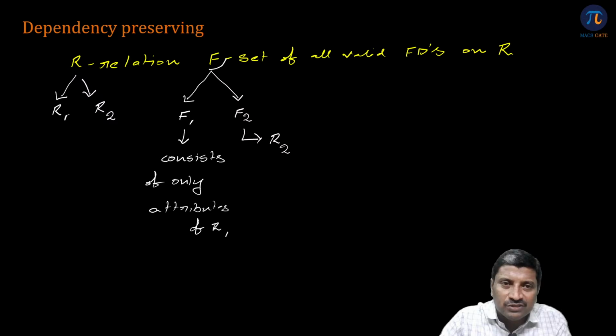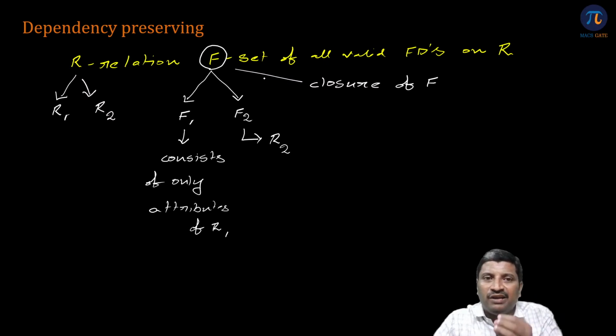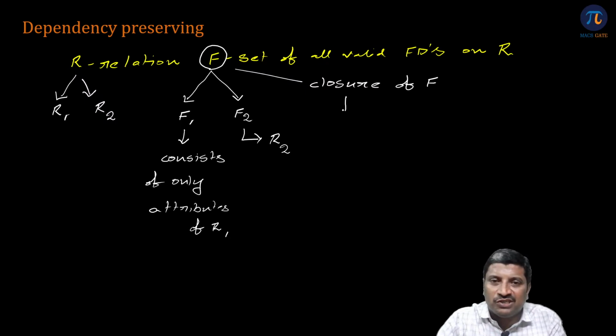Actually, in this case, instead of considering F, we generally consider the closure of F, because it contains all the valid FDs on the given relation. So when we want to divide F into F1 and F2, we generally consider the closure of F, that is F plus, right?